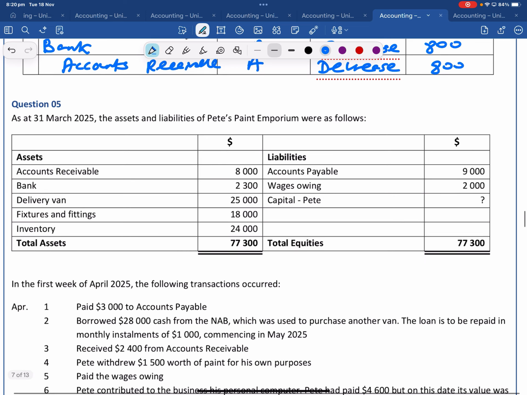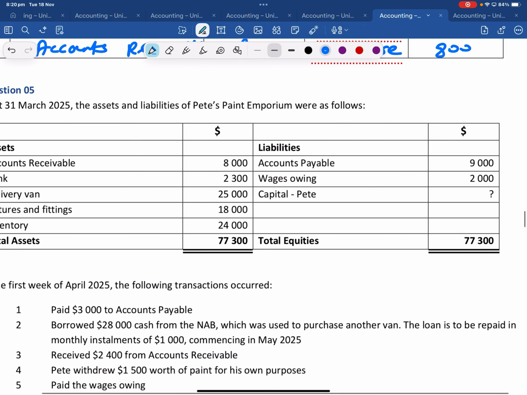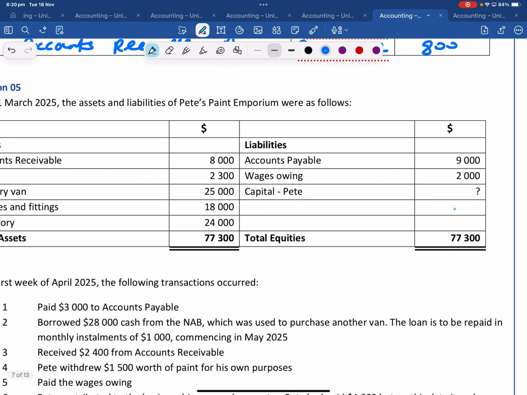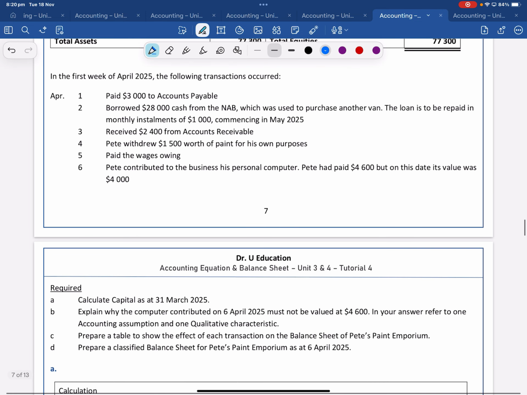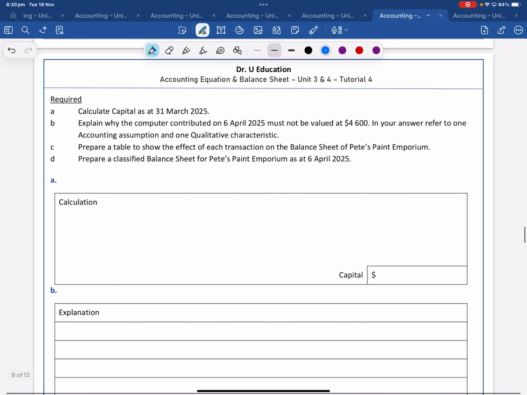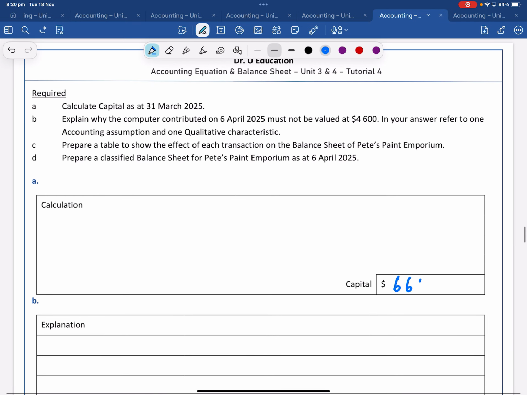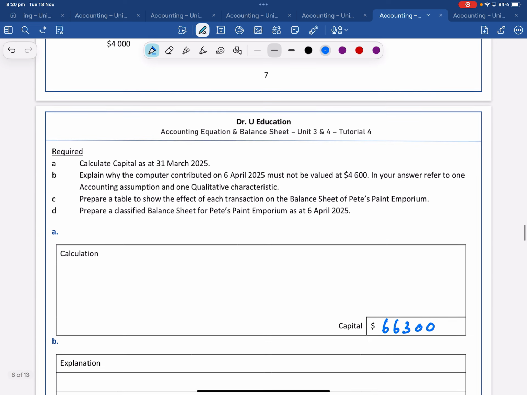Those are two different things. I can calculate the capital in the question itself. I'm getting 66,300. Then I can write it straight away here. You don't have to worry about the working.